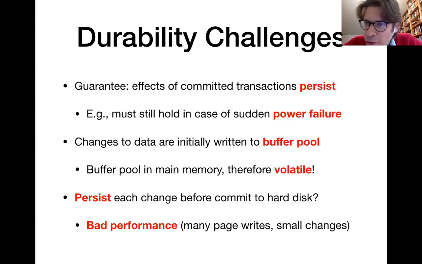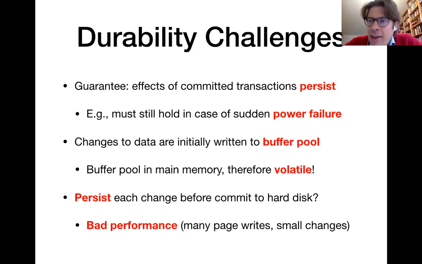And on most of those pages, we actually have only very small changes because those transactions typically just change the data maybe in one row of your table, while they leave the other rows in the table unchanged. And that means if you're trying to immediately write those data pages from the buffer pool onto hard disk, then you're writing a lot of bytes, where most of them are actually unchanged, but just a few bytes have changed.